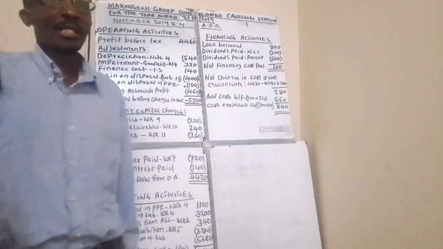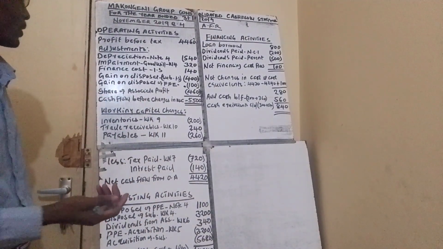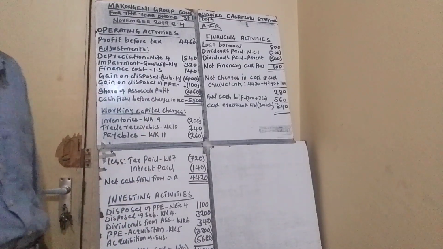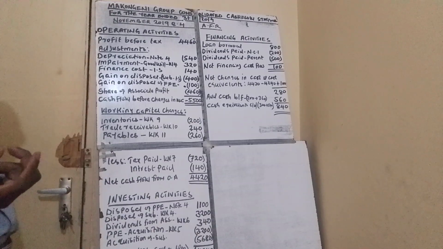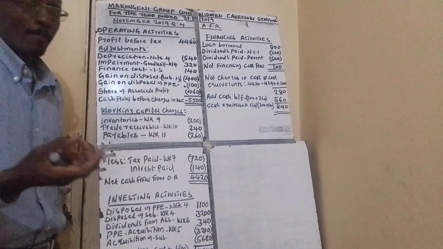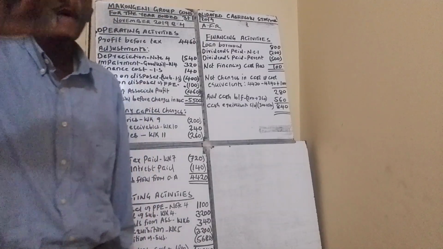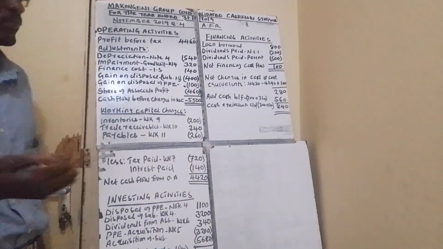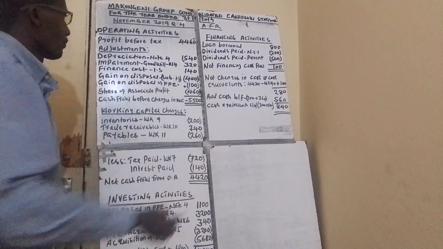The opposite means there is a loss. In this case, you disposed an asset and you made a gain. It was not an asset, but it was a subsidiary which we disposed. We disposed a subsidiary and we made a profit of 400. But that profit does not involve actual cash movement. So it was earned in arriving at the profit. Therefore, that is why you find here it has been deducted.